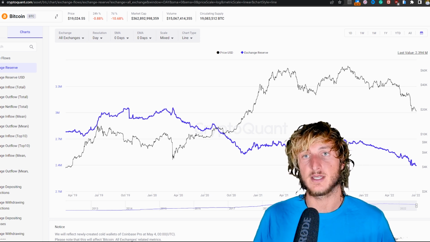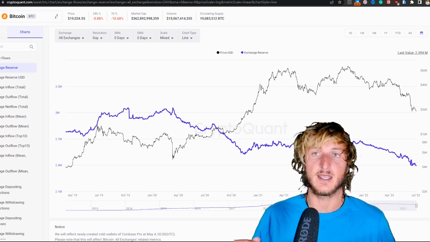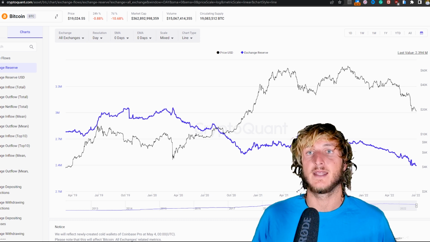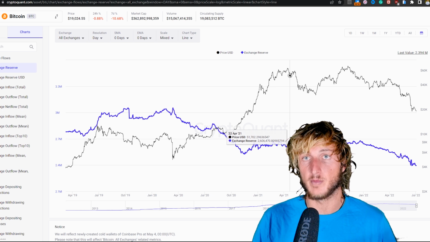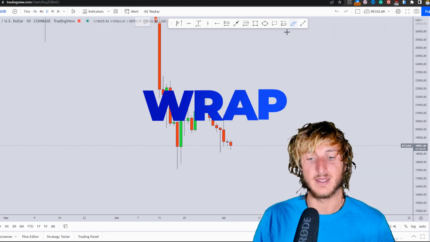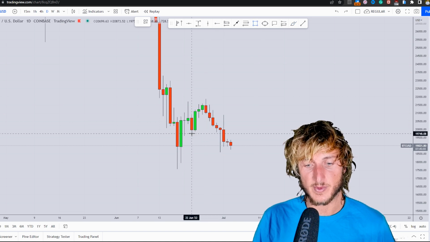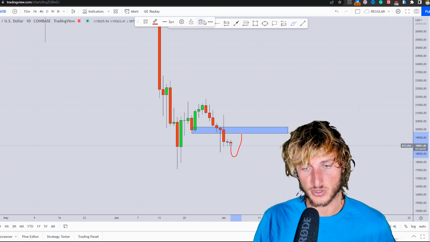What this creates is a scarcity in the supply that we currently have, meaning that if demand gets increased, then the price should make a move to the upside as well to accommodate for this new demand. So in the long term, this is very bullish for Bitcoin, but even in the short term, we could expect at least the completion of this M pattern with a potential rejection to the upside.